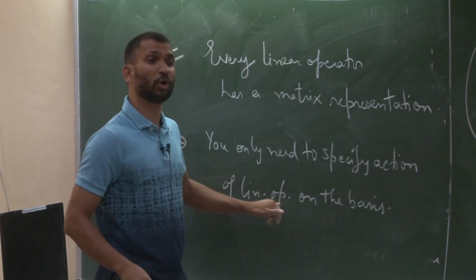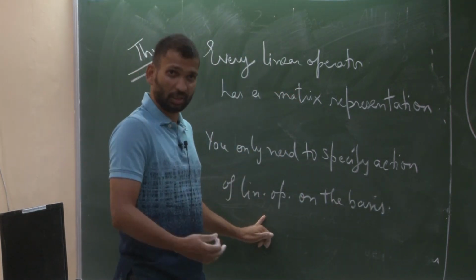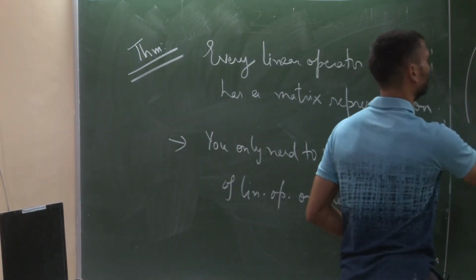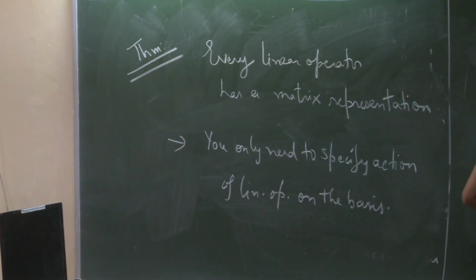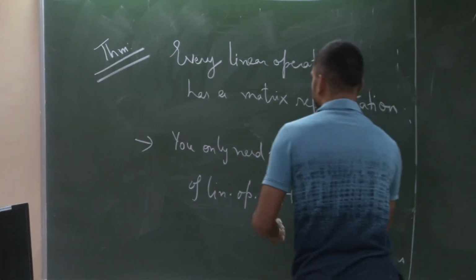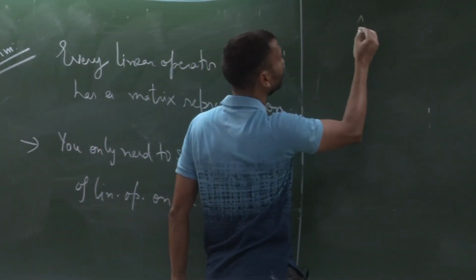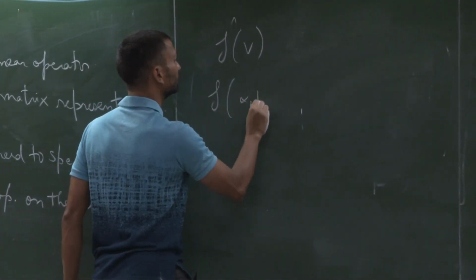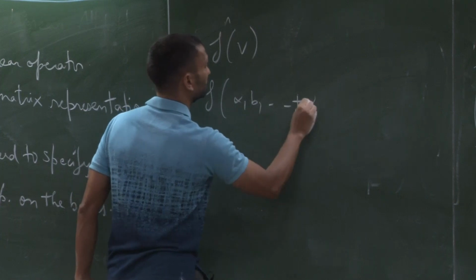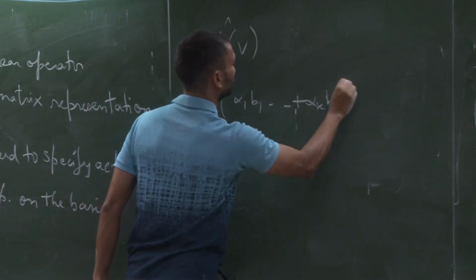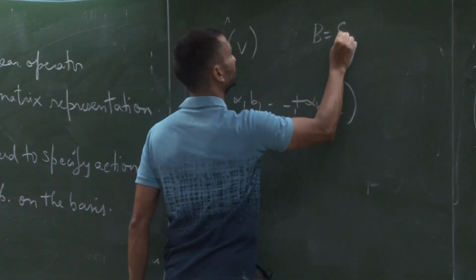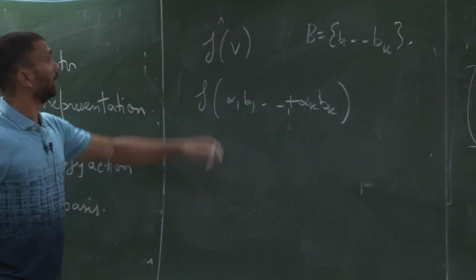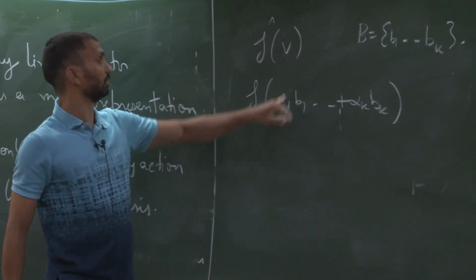And this is true because we have a linear operator. Once I give you the action on the basis and I want to know what is the action on v, I will first write it. So let's say my basis is B1 to Bk, and I want to understand what f(v) is.